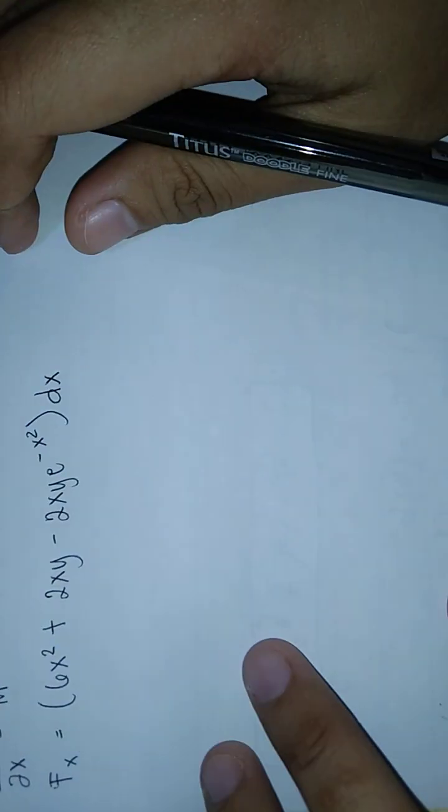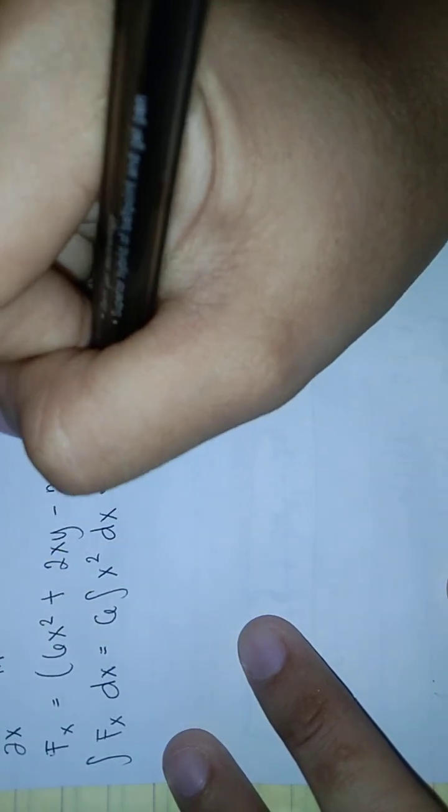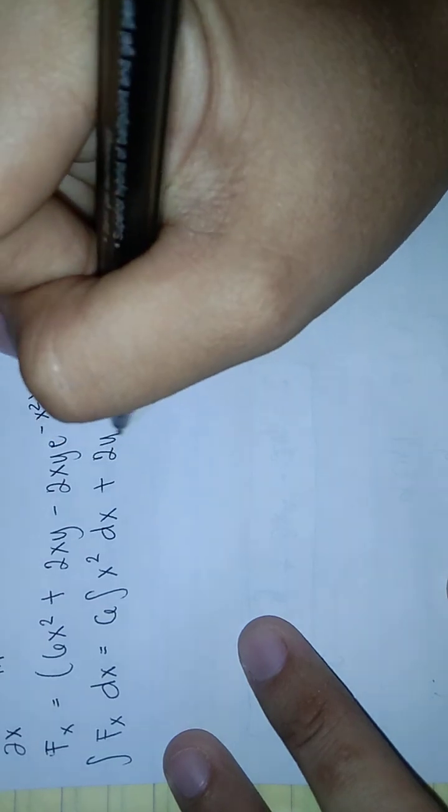Now let's integrate both sides by dx. 6 is constant, so that will be moved out, as well as 2y.